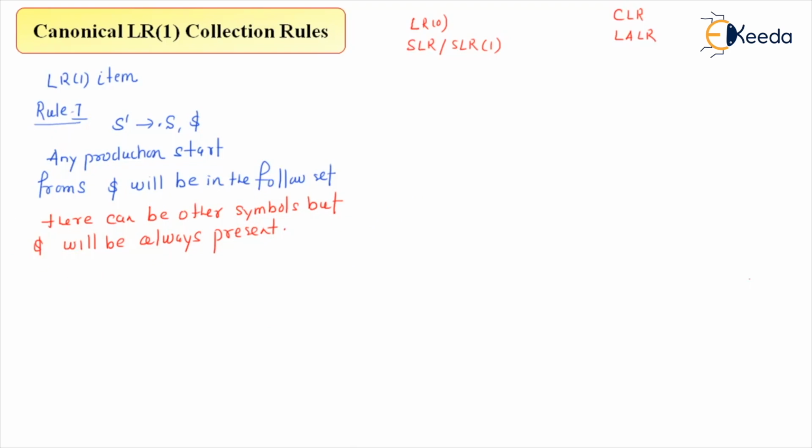So that is your rule one: for the augmented production, and any production that starts from S, the start symbol, dollar will be in the follow set.